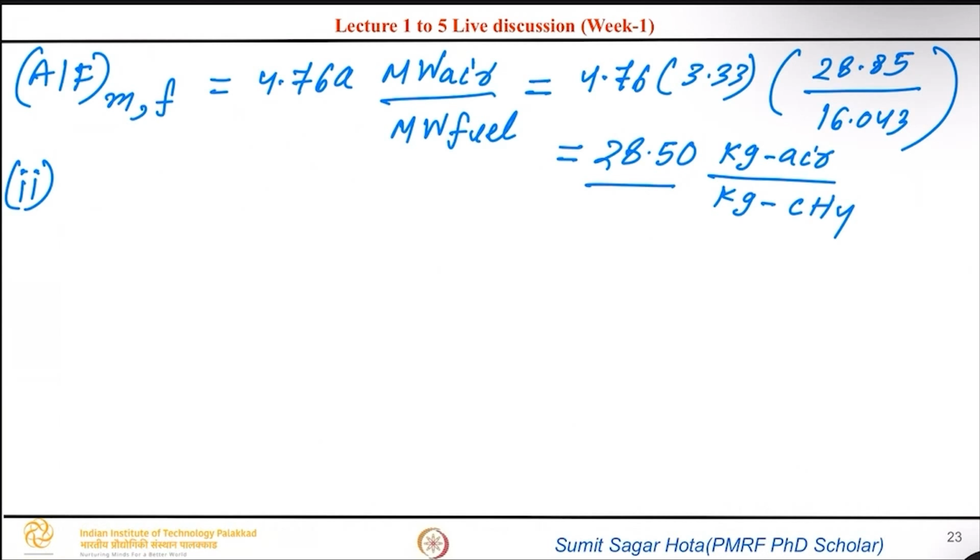Then it will be very easy for you to calculate and write down the equations first. See how easily we can calculate everything. This is the beauty of combustion.